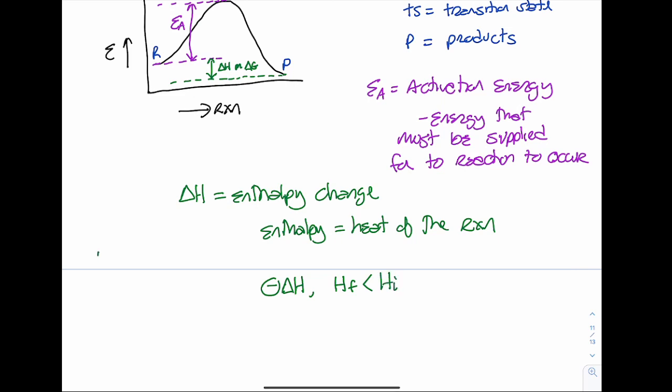Remember, every time we see that delta, it's always going to be final minus initial. So if it comes out to be negative, that means that I have less when I'm done, because I'm subtracting a bigger number from a smaller number for it to come out negative. So if I have a negative enthalpy change, it means that I'm losing heat energy.